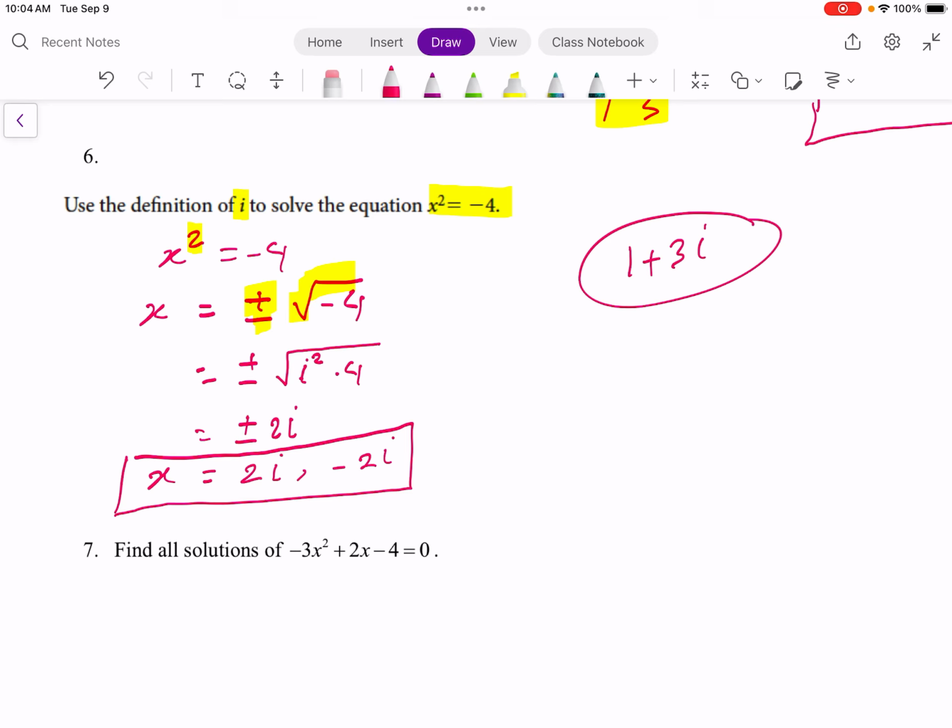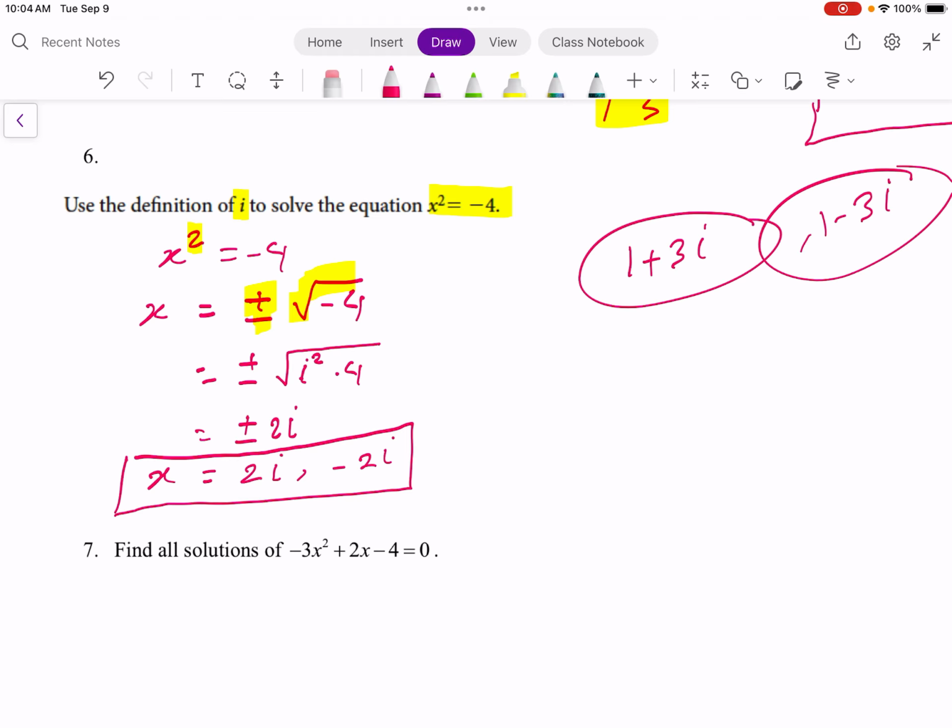Its other solution is 1 minus 3i, its conjugate. You flip the sign of the i term. We have a positive 3i, make it negative. So 1 minus 3i is also a solution for the same quadratic equation. Once you know one complex solution, you are not required to find the other. Just write down its conjugate.